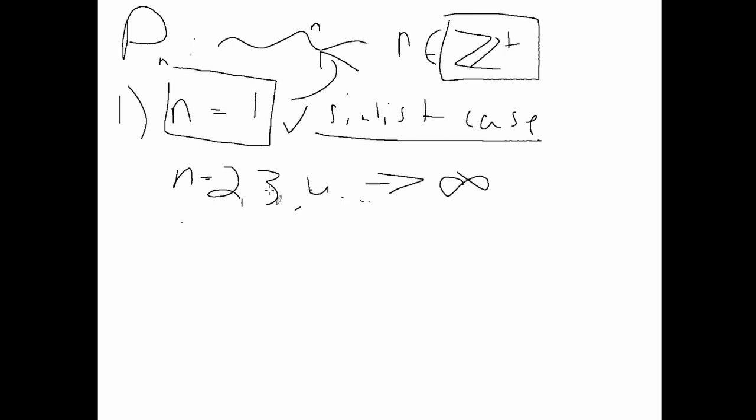So this method just does not work because we cannot test an infinite number of values. It's just not possible with current computation, right? With any computation, actually. It's impossible to test an infinite amount of values. So that method's out the window.